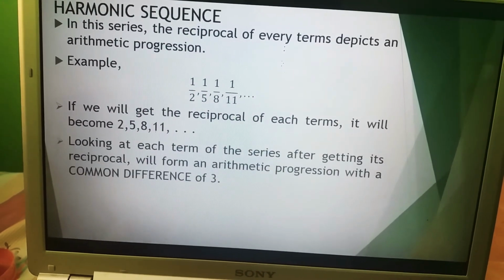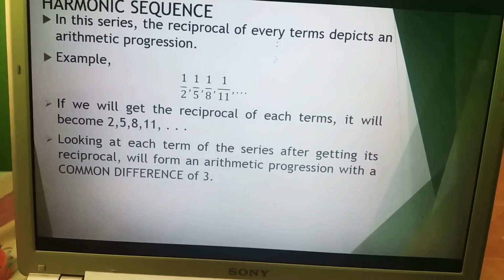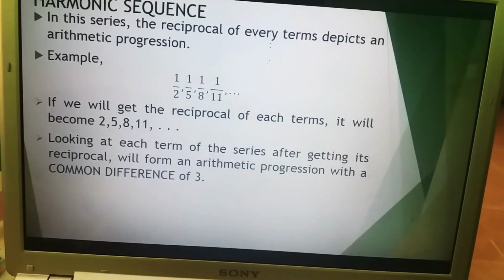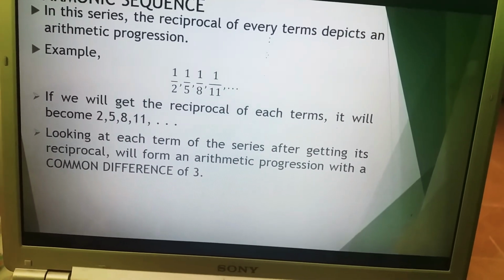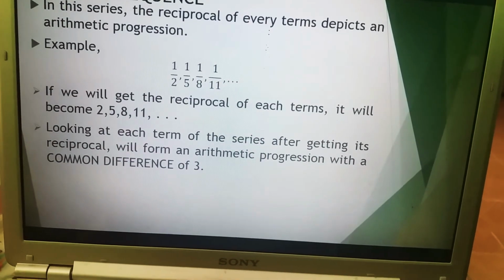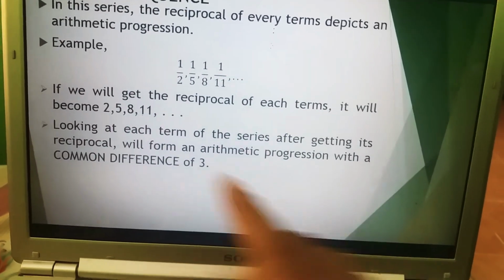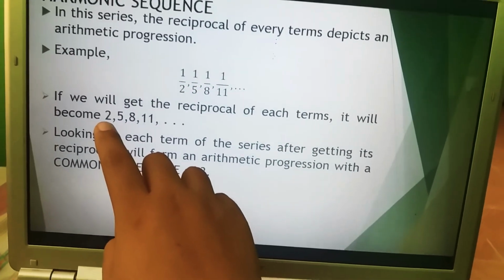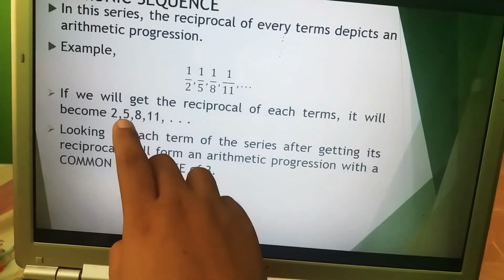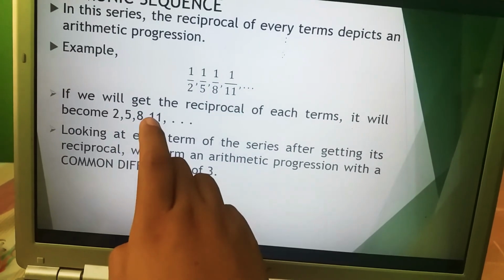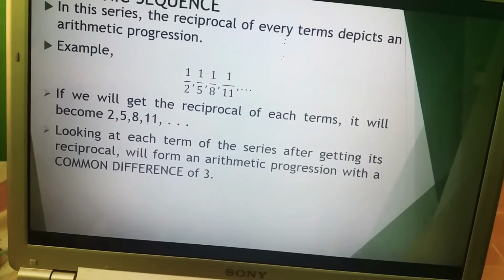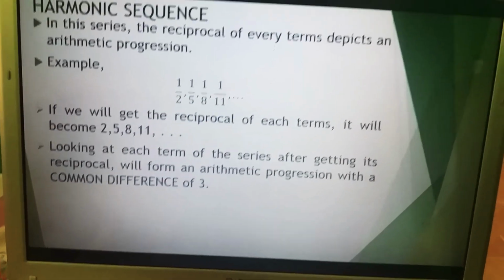Okay. So, looking at each term of the series after getting its reciprocal, it will form an arithmetic progression with a common difference of 3. Common difference of 3 kasi, di ba, if we have 5 minus 2, that is 3. We have 8 minus 5, that is 3. We have 11 minus 8, that is equal to 3. So, the common difference is 3.